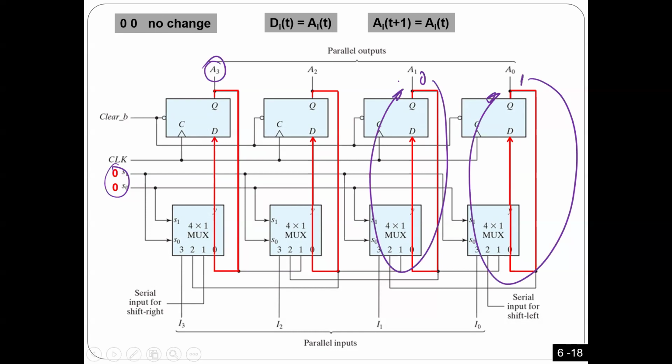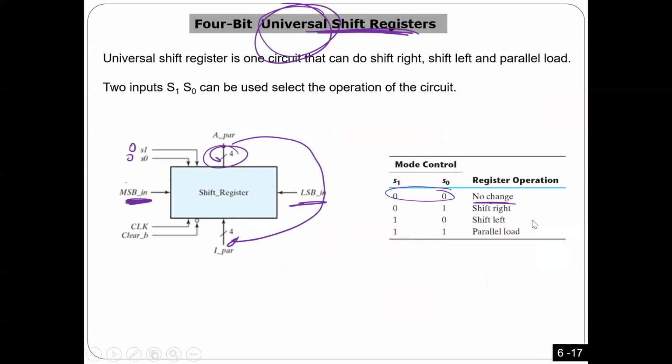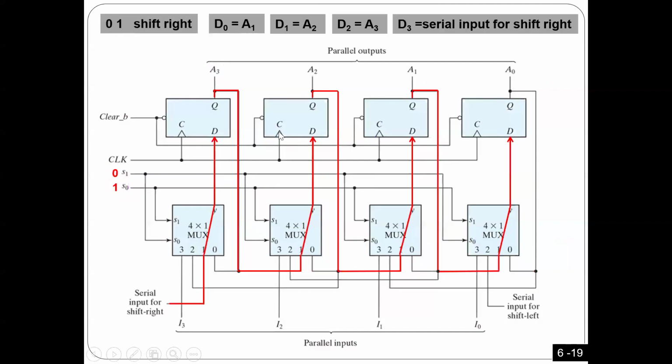Make sense? Okay. If I want to make 0, 1, so this one has to be shift right. So 0, 1, that means I'm going to connect the input of the flip flops to input number 1 here. So I'm going to wire input number 1 so that you make shift right.